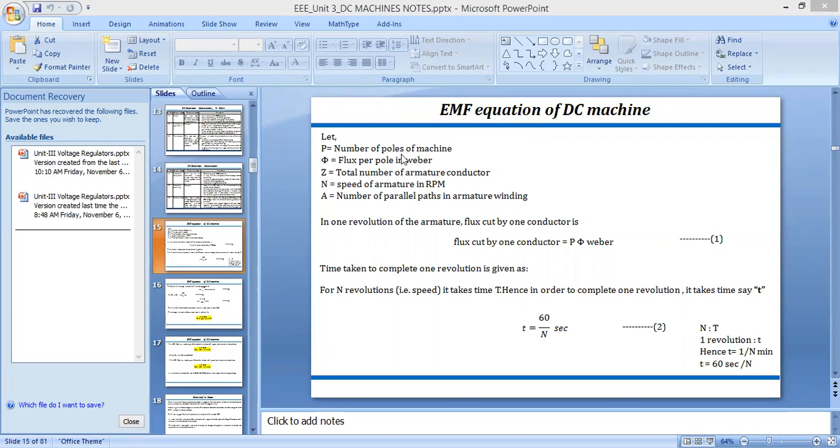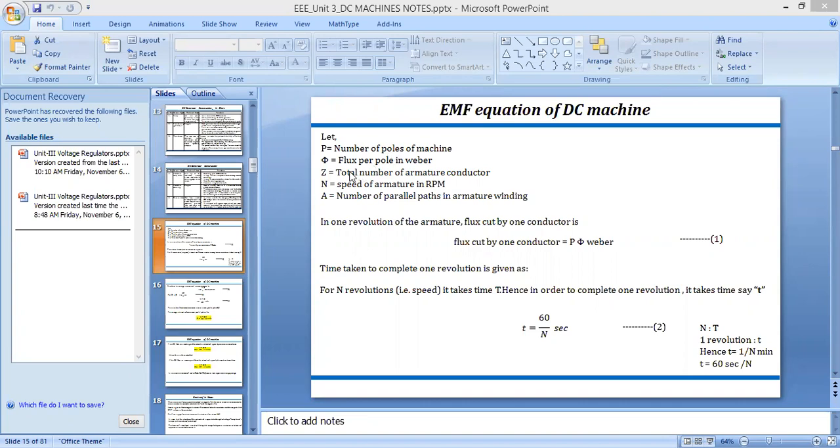Here we need the magnetic flux, because there is a connection between mechanical energy and electrical energy. The DC motor and DC generator do the conversion of mechanical to electrical or vice versa. So here, P is the number of poles of the DC machine, whether a DC motor or a DC generator.